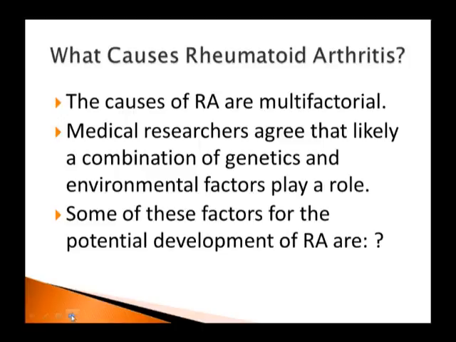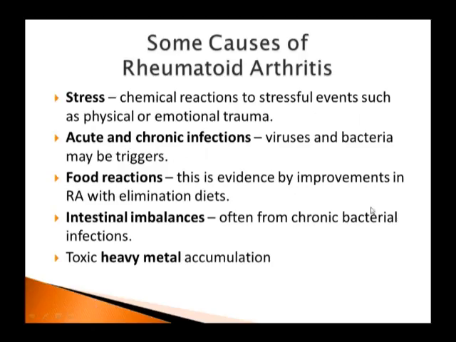So what are some of those issues? Well, if you look at the medical literature, you look at individuals who have studied rheumatoid arthritis, doctors who are treating it, they certainly know that stress can play a role in either worsening the condition, and in some cases triggering it. I've had a few patients where extreme stressful events in their life seem to have been a trigger for RA. Certainly bacterial infections, acute or chronic infections, including viruses, may be a trigger as well.